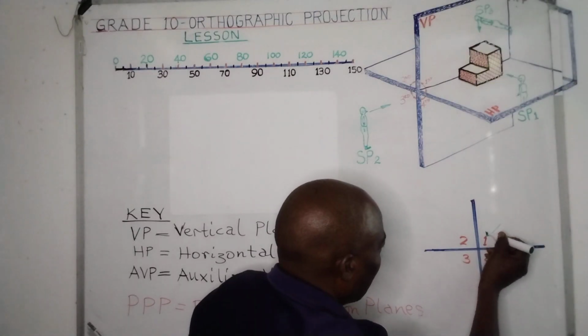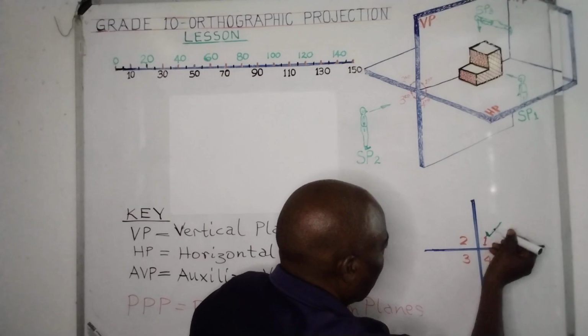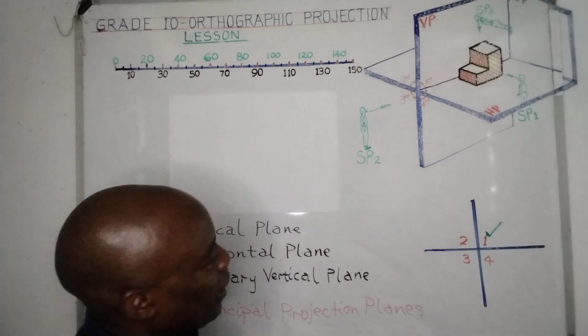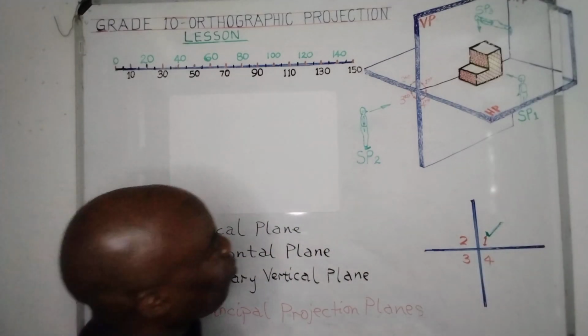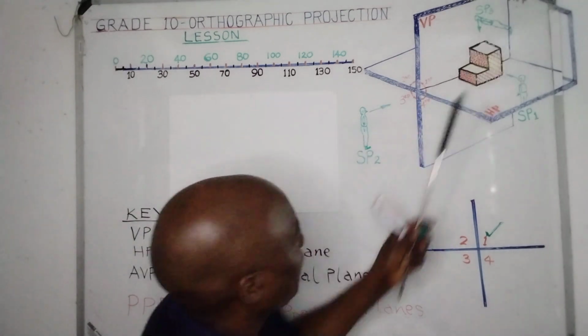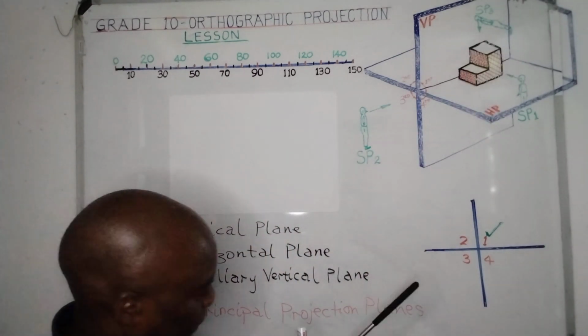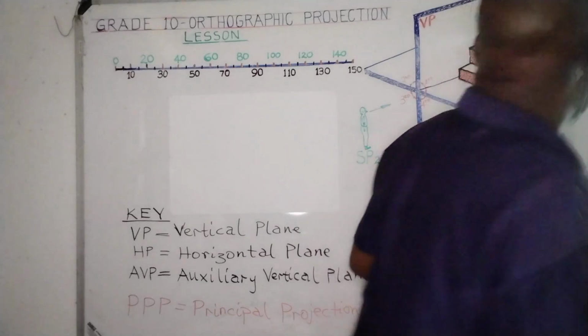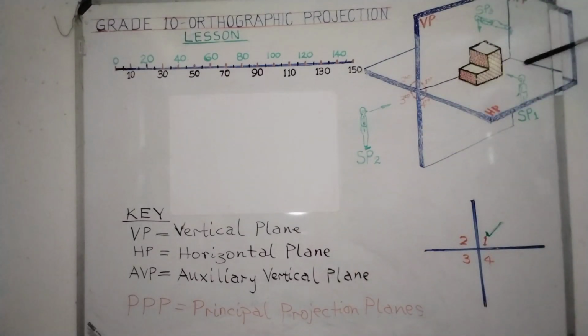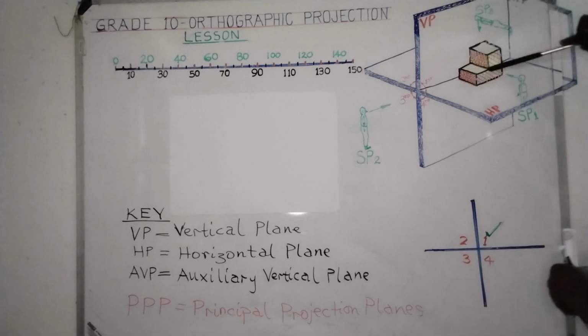If you swing it upwards, or sideways rather, it will start sideways. It will be on the right of this vertical plane, and then if you swing this one downwards, it will be like this, it will be in that position.